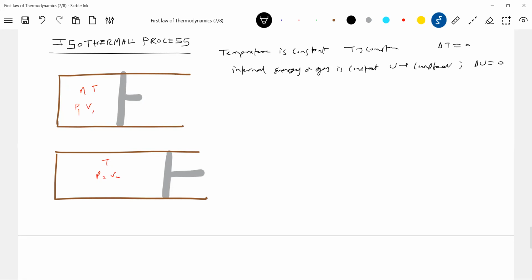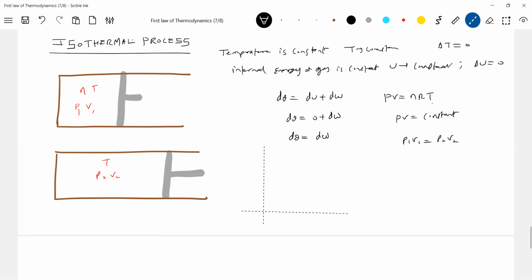So from the first law of thermodynamics, we can write dq equal to du plus dw. As du is 0, and moreover, since temperature is constant, PV equal to nRT means PV is equal to constant. So P1 V1 equal to P2 V2. So how are pressure and volume related in this process? The curve is a rectangular hyperbola.